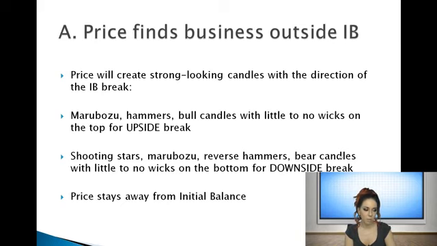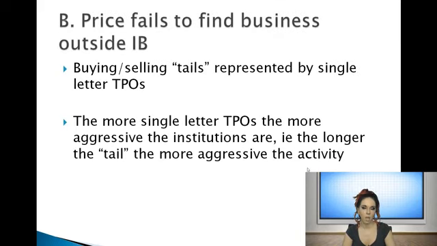Now, that brings me to the next slide. This is scenario B, where price fails to find business outside of initial balance. So up until now, we were talking about price finding business outside of initial balance and having a sustained move. But what happens if the price fails to find business?